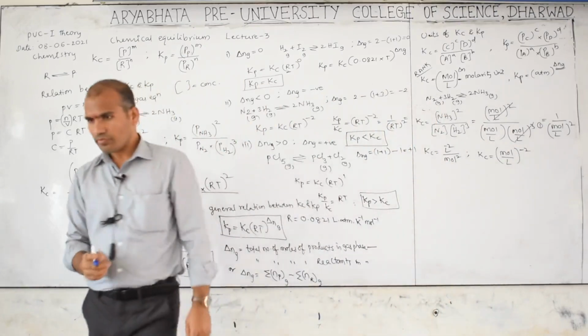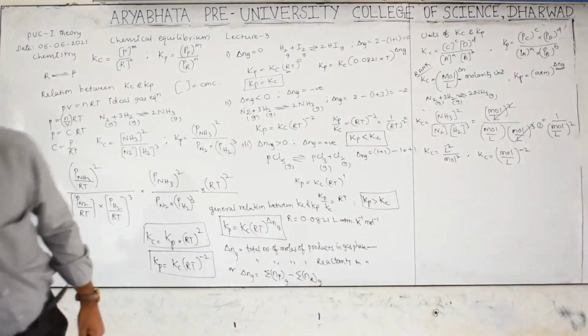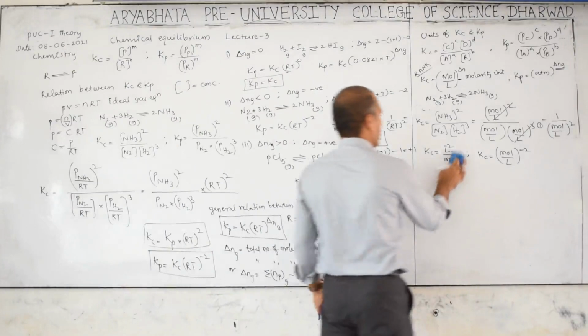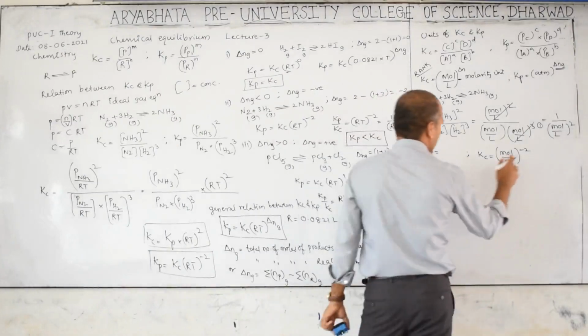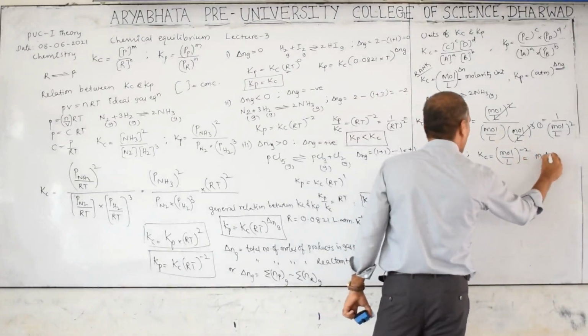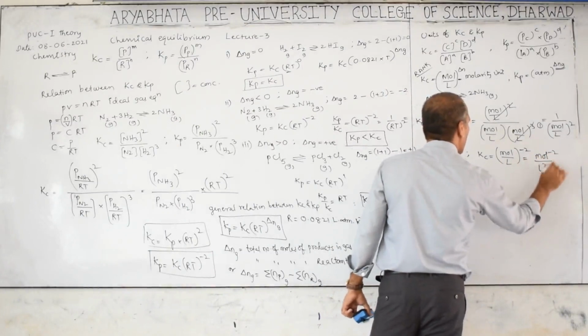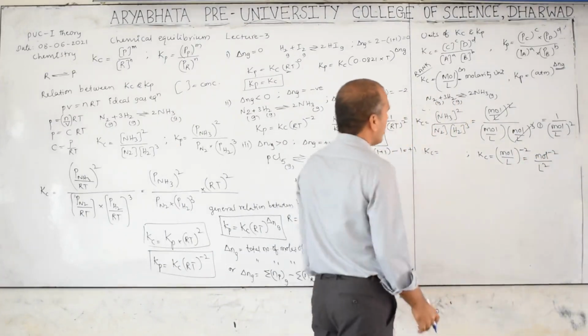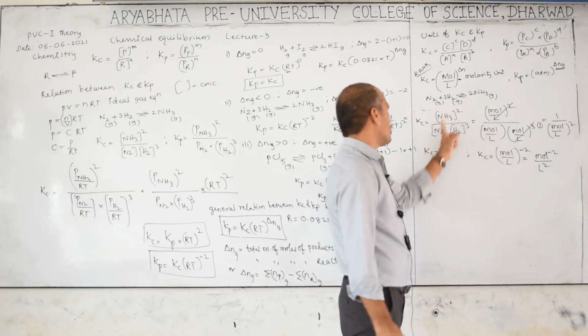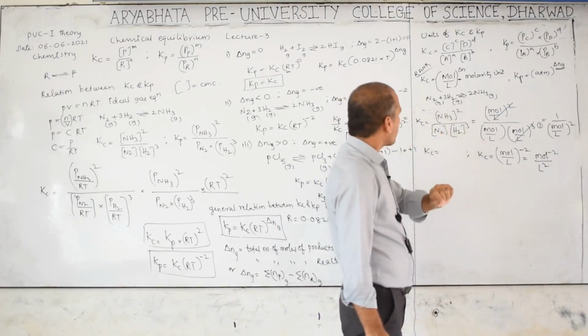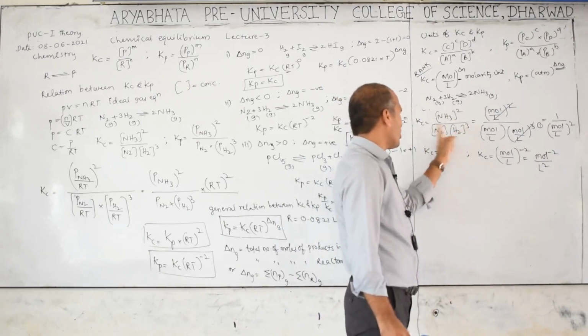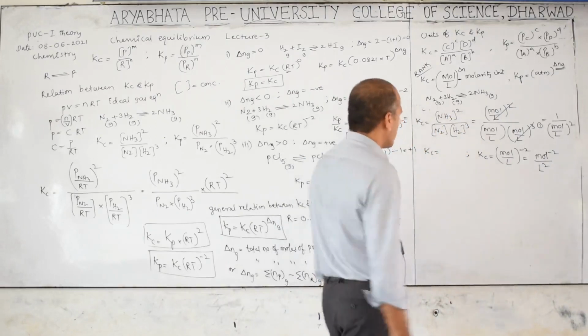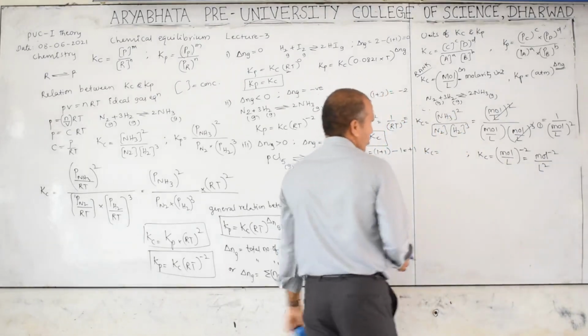Now keep in mind, this will be mole inverse 2 by liter square. I think this is clear. Here 2, here 1, here 3, then total 4; 2 times cancel, 2 times left, so mole square.